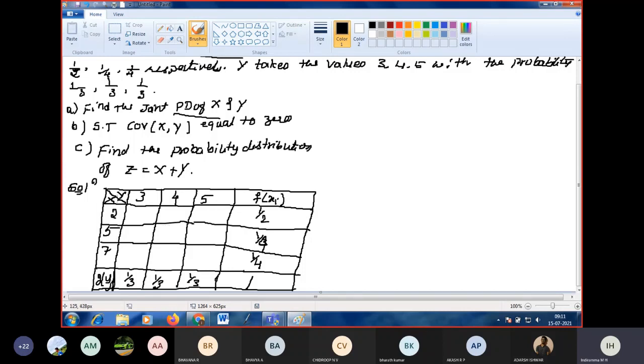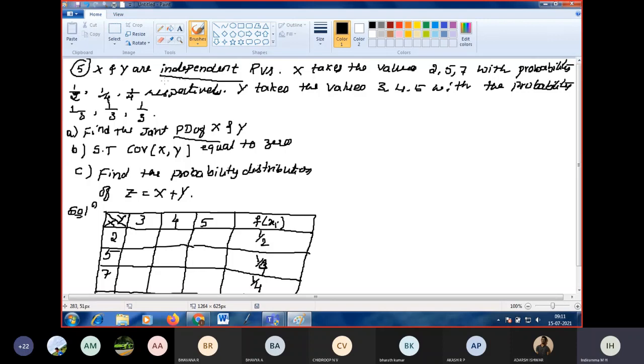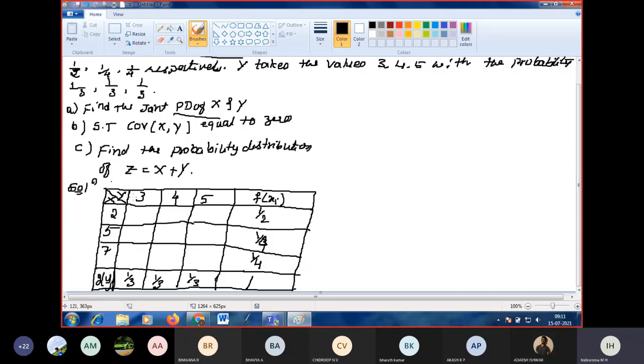What are capital X and capital Y given as? They are independent random variables. If X and Y are independent random variables, how to fill this cell? It should be equal to the product of F of x1 and G of y1.